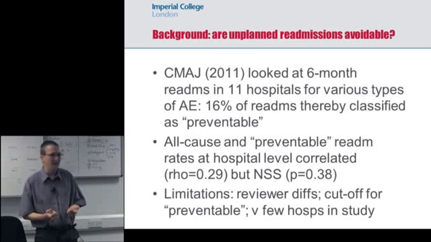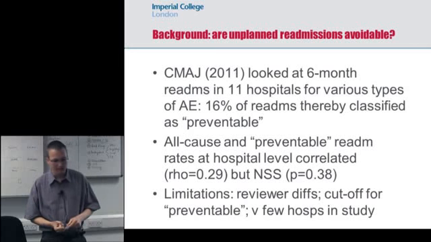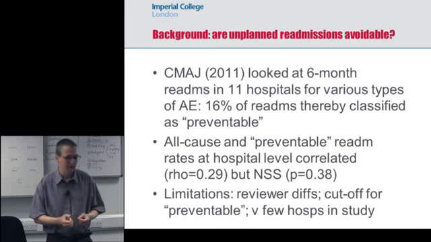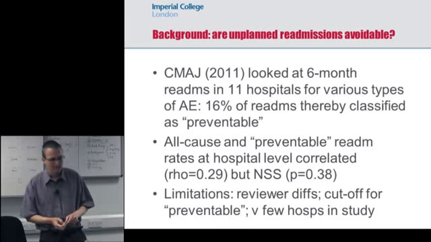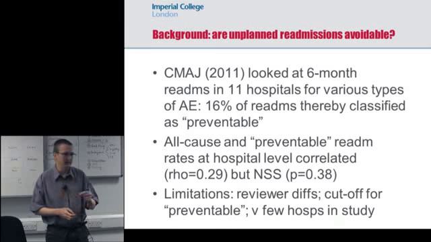Well, you've only got 11 hospitals. Of course, you're not going to find anything significant with 11 hospitals. And the other main limitation is that, of course, the reviewers differ in terms of deciding, well, was this readmission preventable or not? And there's also a cut-off, really, in terms of preventable. Preventability is obviously a scale. It's not neatly yes, no, preventable, not preventable.